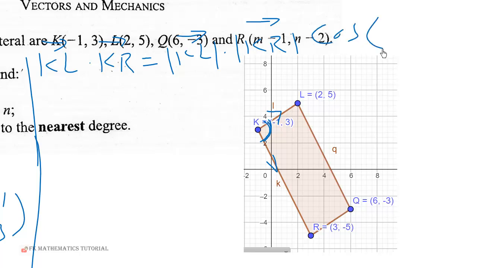So the cosine of the angle LKR that we are looking for.